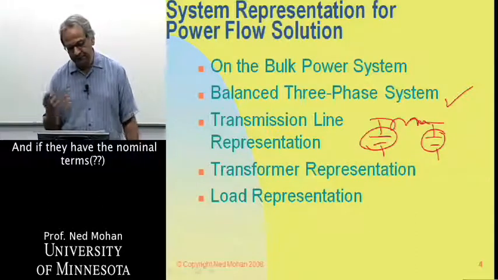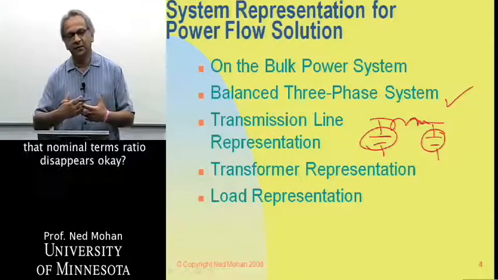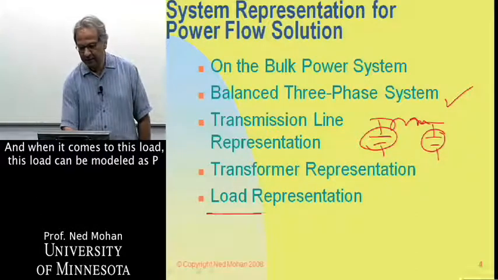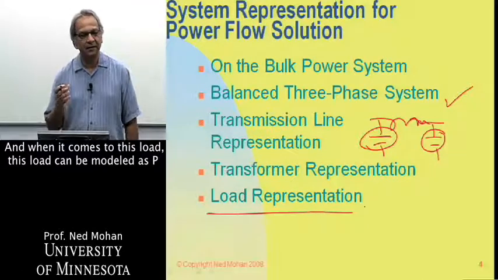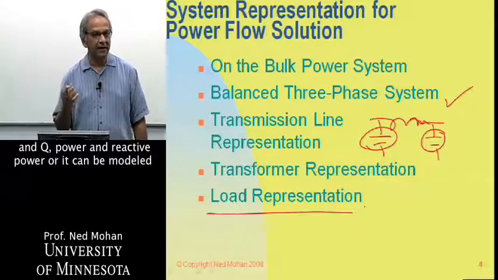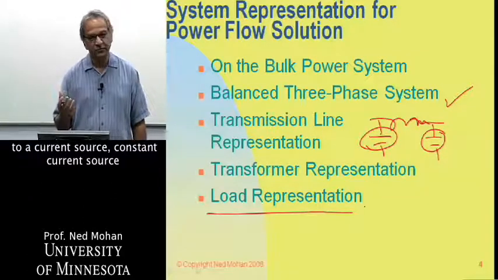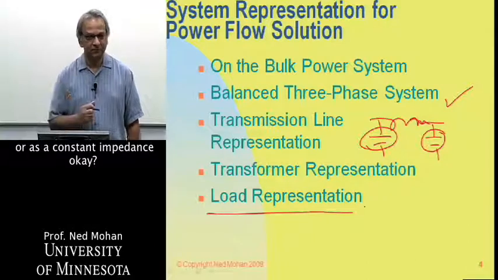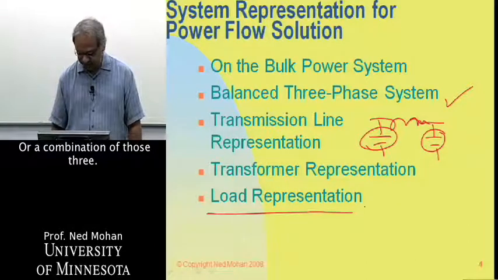And if they have the nominal turns ratio, then per unit, that nominal turns ratio disappears. Okay, and the load can be modeled as P and Q, power and reactive power, or it could be modeled through a constant current source, or as a constant impedance. Okay, so there are a combination of those three.